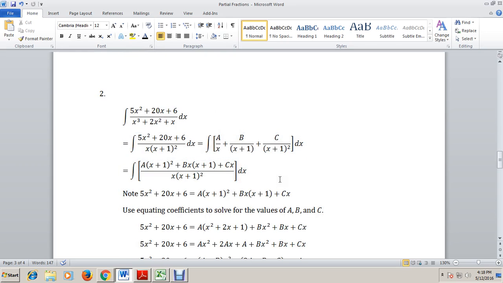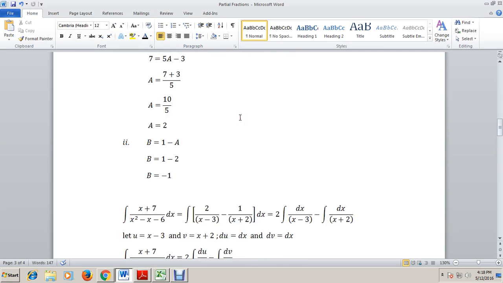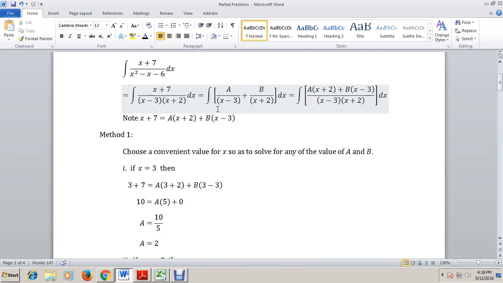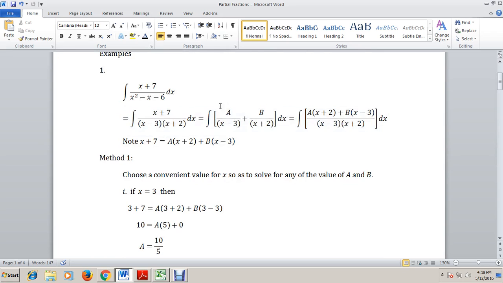So knowing that the only difference between these two examples that were presented in this video lecture and what I have mentioned for case number 3 and case number 4, they are somewhat similar, and the method is actually the same for expressing the partial fraction.